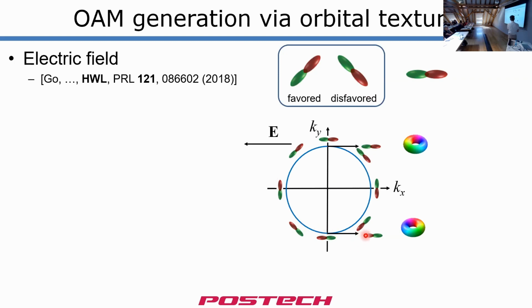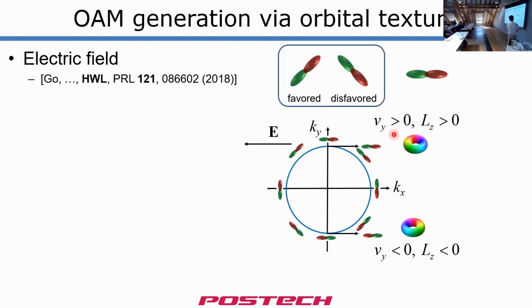Whereas down here, this superposition state will tend to align itself with this equilibrium, and it tends to rotate counterclockwise. So the generated orbital angular momentum direction for an electron with positive group velocity will be opposite to the orbital angular momentum for an electron with negative group velocity.